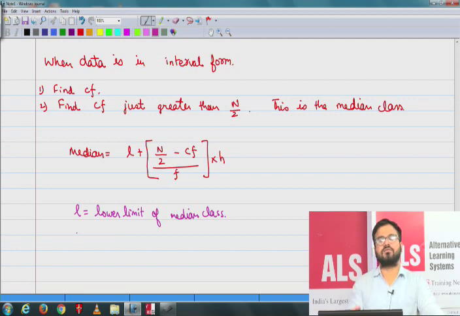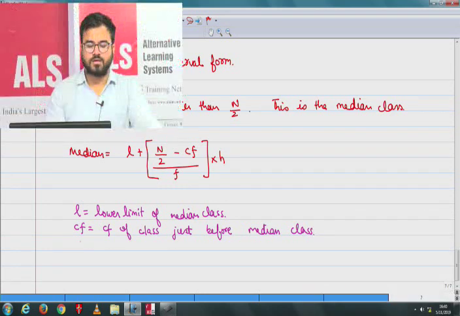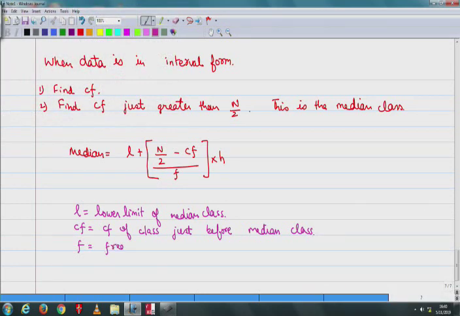Whatever is the median class, l will be the lower limit of that one. Cf indicates the cumulative frequency of the class just before the median class. f is the frequency of the median class.